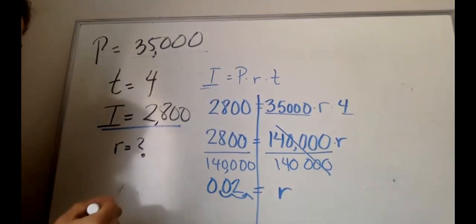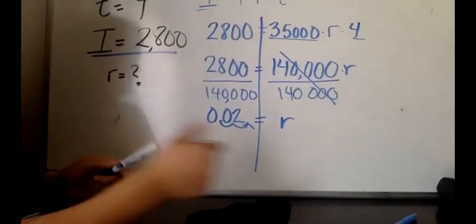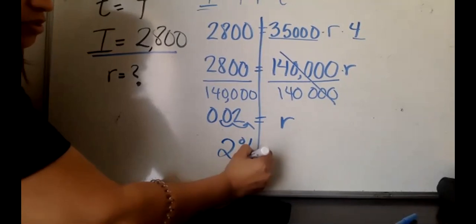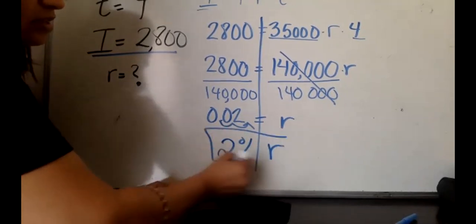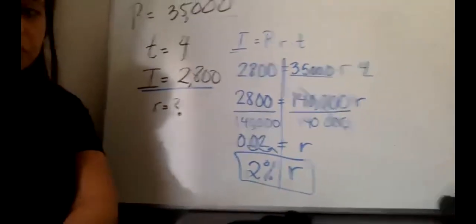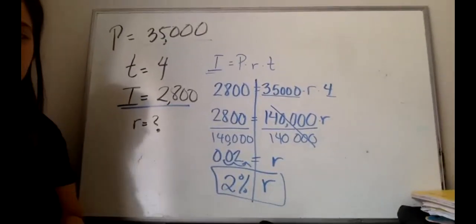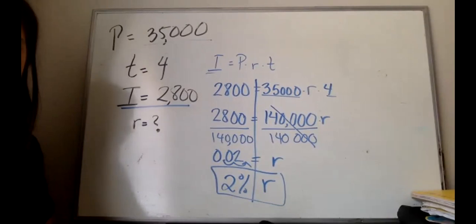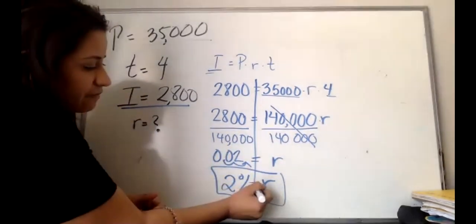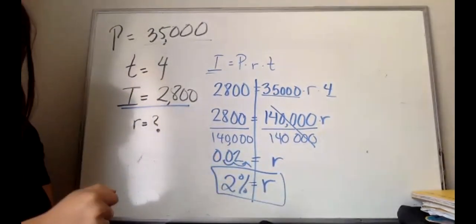And then your final answer is going to be 2%. Or 2.0, but 2 is fine. The interest rate that they had for their loan was 2%.